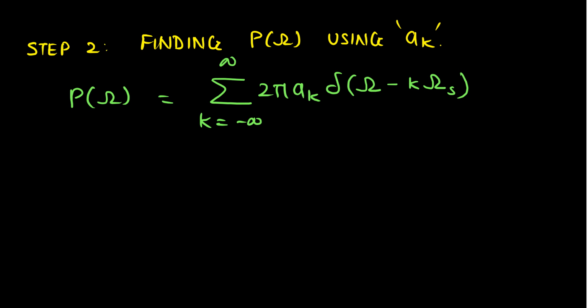Now we know that the value of AK we have obtained is 1 by Ts. So we can substitute AK as 1 by Ts, and moreover this 2 pi and 1 by Ts would be a constant with respect to this summation.